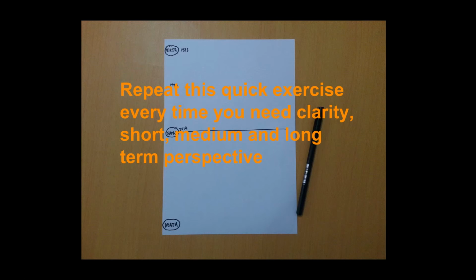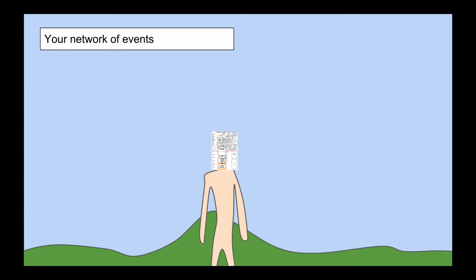Every time you have some doubts about the directions you want to take, or if you need more clarity about short, medium, or long term, you can use this very simple and free method, just a pen and a paper. And now I think that's maybe the most important part of the presentation.